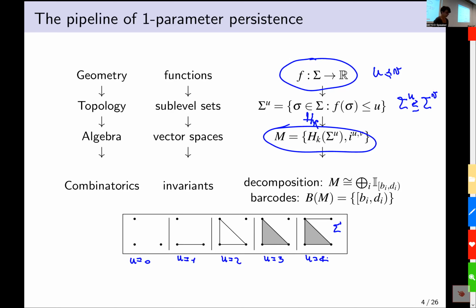And from this, what are the bars of the barcode that one obtains? For example, if we apply H0, and so we only study the connected components, we see that we start with 3 bars because we have 3 connected components. But when we get here, for example, 2 of these connected components merge, so the bar stops, and the other 2 bars continue.